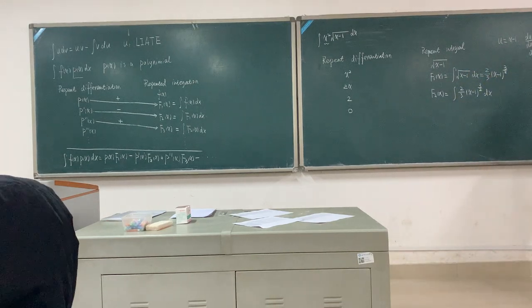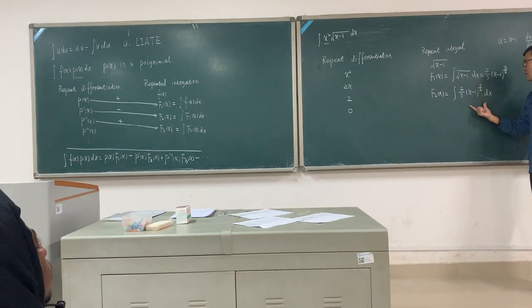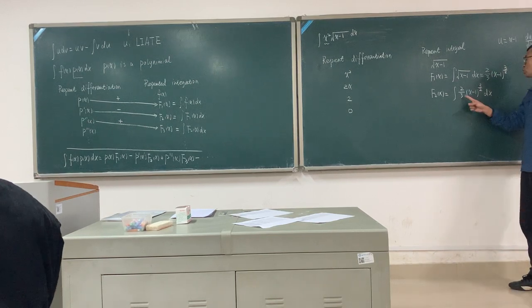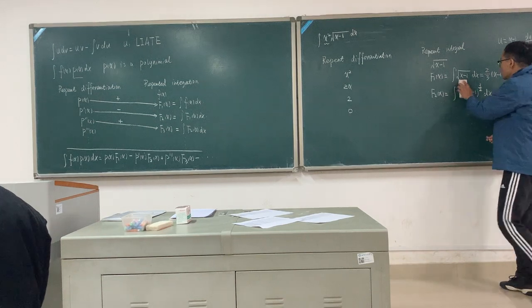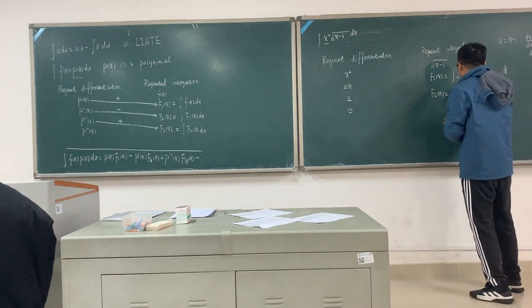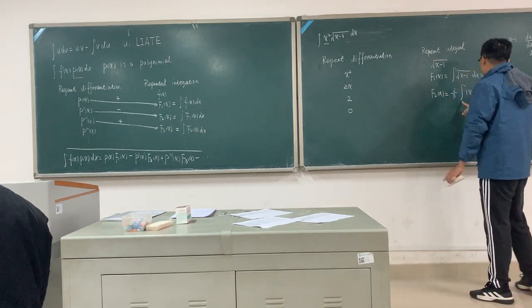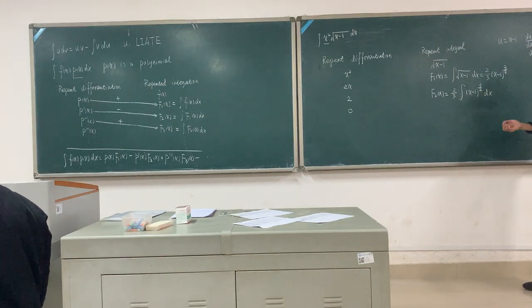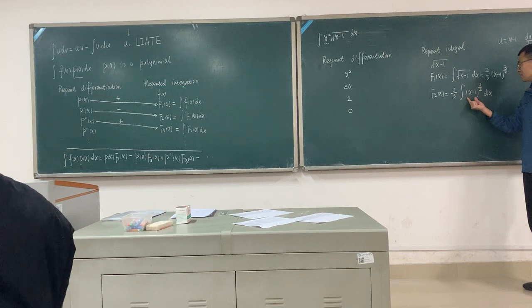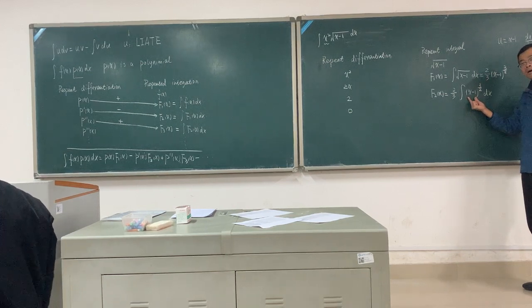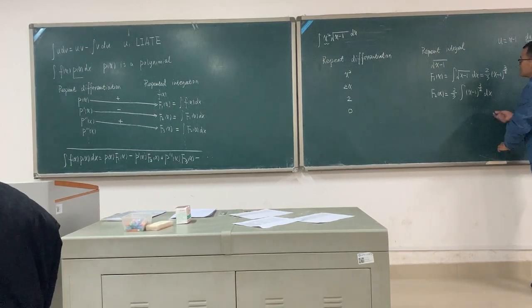Now we need to find this antiderivative. 2/3 is a constant, so we move it through the integral sign. It's the same: we use the u substitution, so we let u equal to x minus 1.